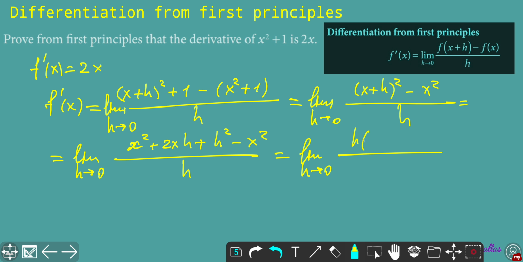So I factorize h, and I'm left with 2x plus h over h. h will be cancelled, h is going to be 0, so finally you'll get 2x. So done. All right, that's how you can master differentiation from first principles.